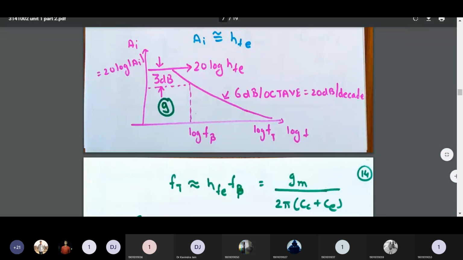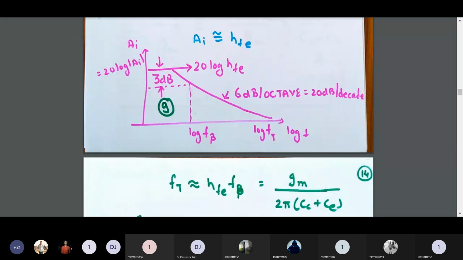Hence, it is equal to this. We already know that CE is greater than CC. Hence, CC can be neglected in this terminology. The modified formula would be gm upon 2 pi CE.